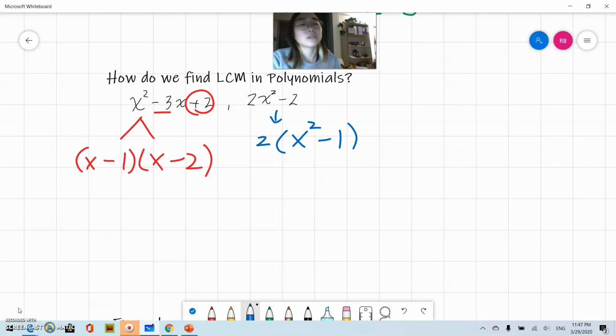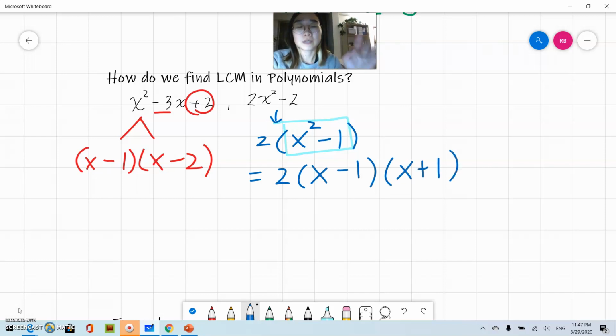And you might be like, okay, I'm done. But this one is one of those special ones that you have to know, which is a squared minus b squared. So I can actually factor further to x minus 1 and x plus 1. And just like the numbers, for LCM, you write everything that you see once, and then you look at the power.